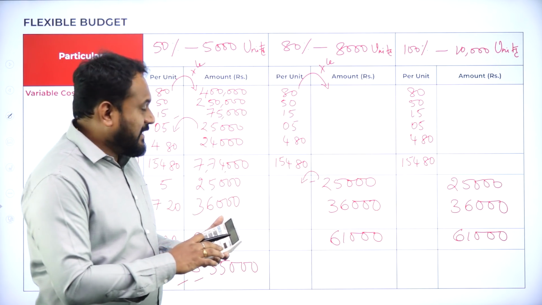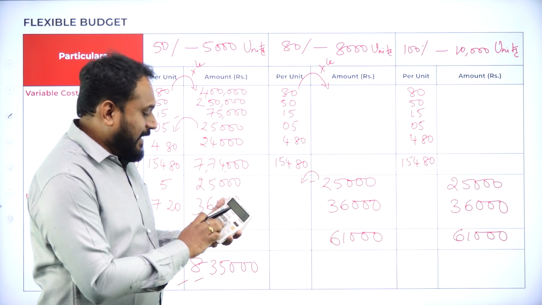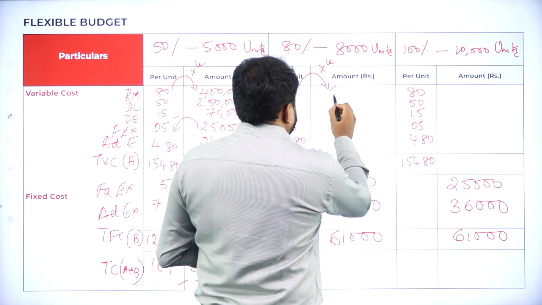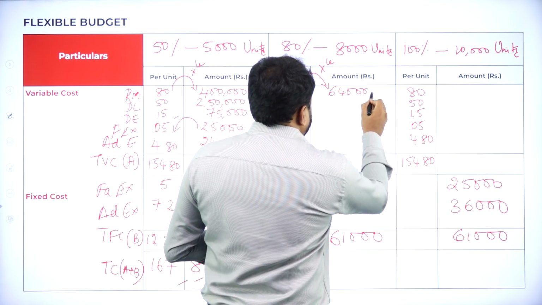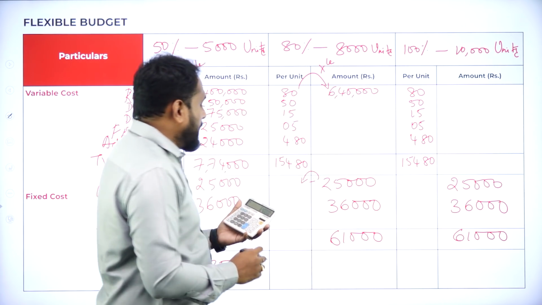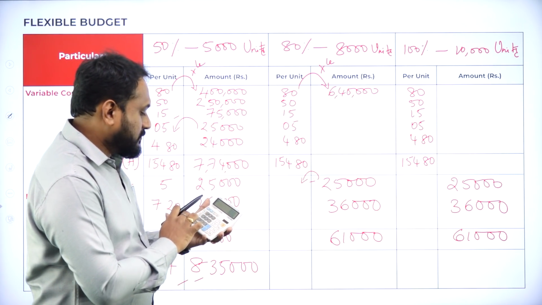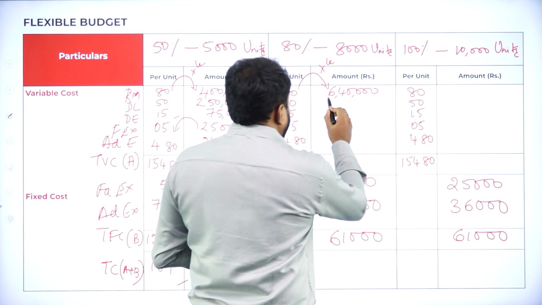Let's write the same. Now 80 into 8,000 is equal to 6,40,000. 6,40,000 is what you have written. Done. Now 50 into 8,000 is equal to 4 lakh.